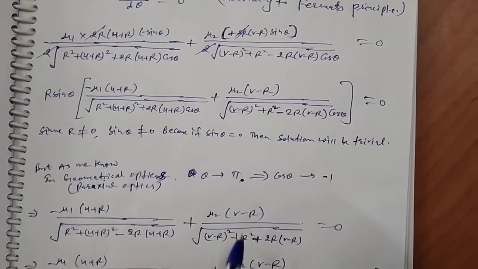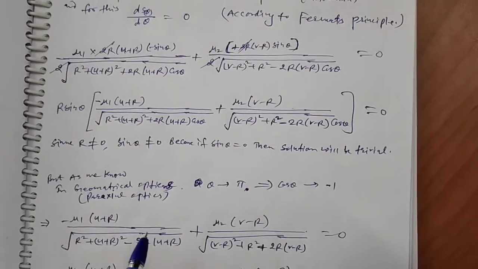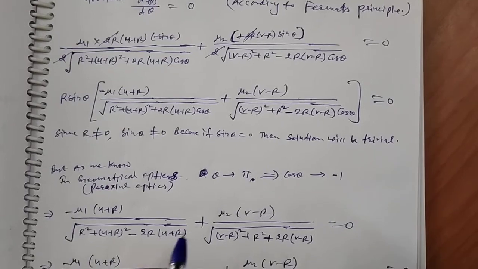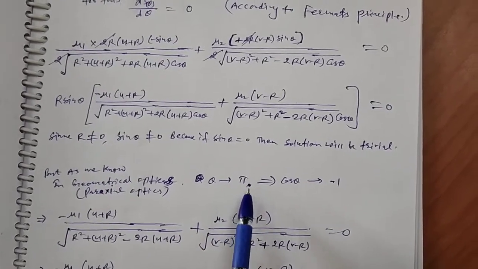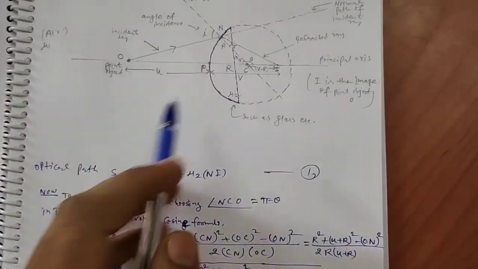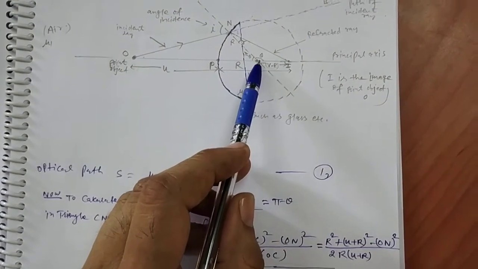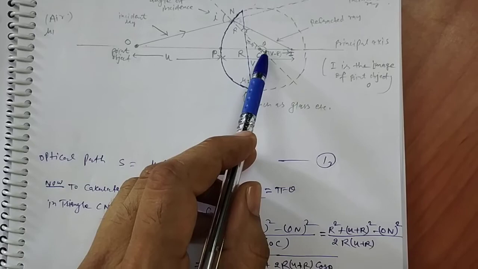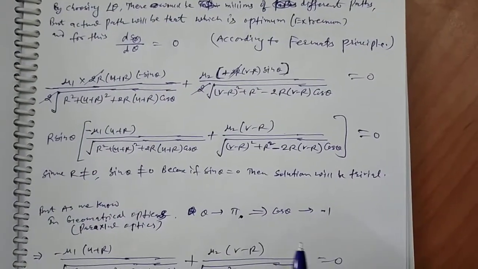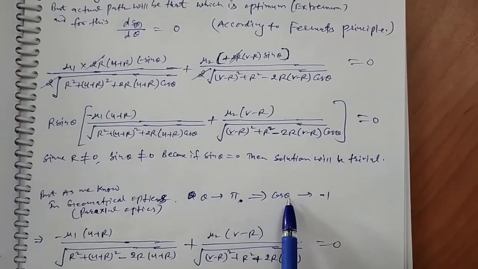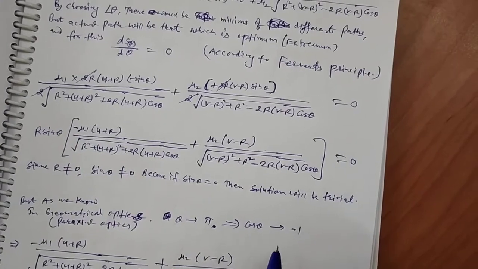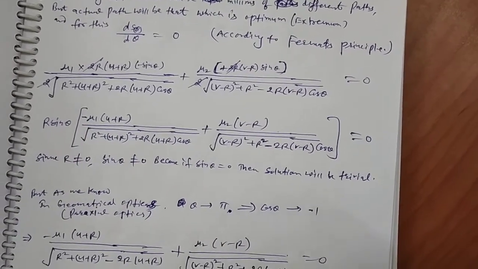So for geometrical optics, which is also called paraxial optics, this theta is equal to pi, which means this angle theta can be pi. Here pi minus theta is minimum, so theta can be equal to pi. So if theta tends to pi, then cos theta tends to minus 1.